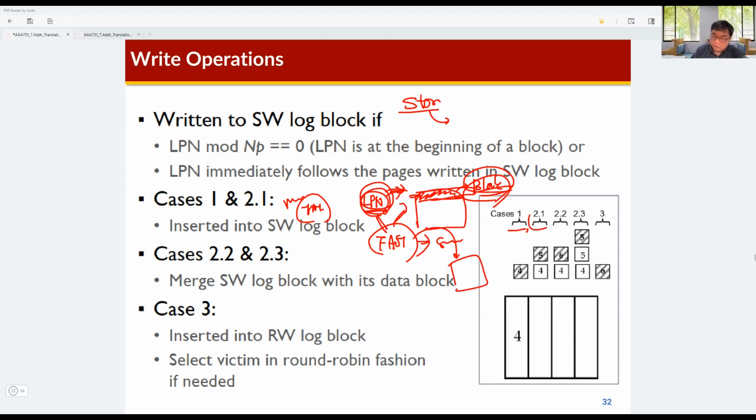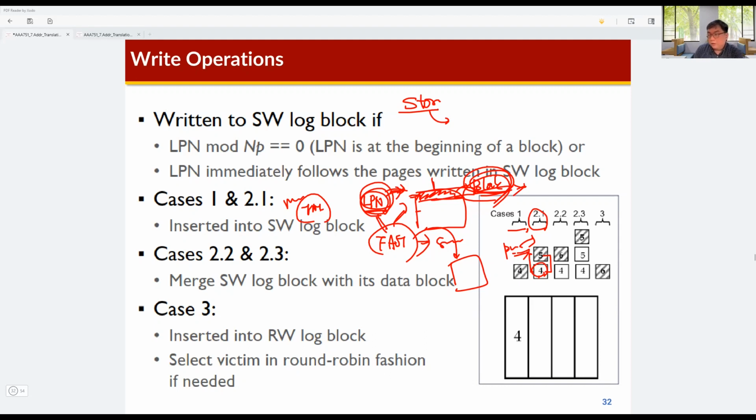And how about case 2.1? This is also sequential: the next page is requested for the write, so this is part of the sequential write, and the sequential write starts from the first page of the flash block.